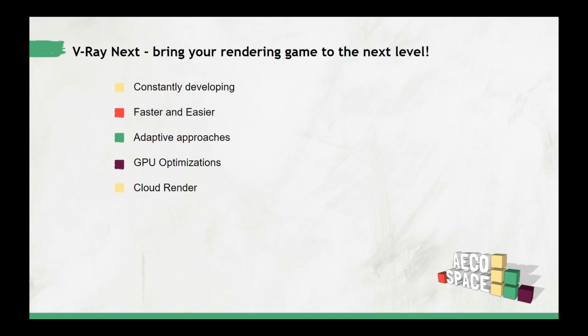It's faster and easier than ever. The optimizations are adaptive, meaning that they actually take care of your personal scene and work on that. And if you happen to be working on GPU, now it's a great time to do so, because many features that were previously not supported on the GPU now are. And you can always take advantage of the cloud render if you want to scale quickly.